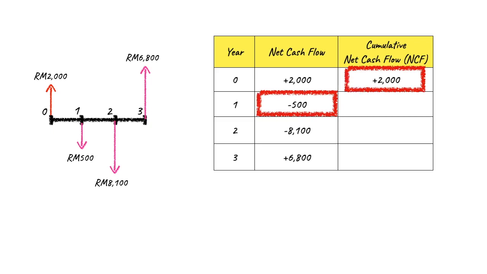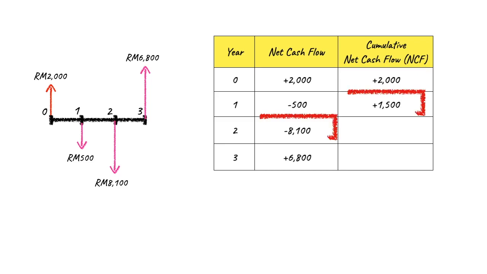So it becomes 1,500. And then on year 2, 8,100 goes out. So the remaining balance is 1,500 plus negative 8,100. So that's why it becomes negative 6,600, and so on.